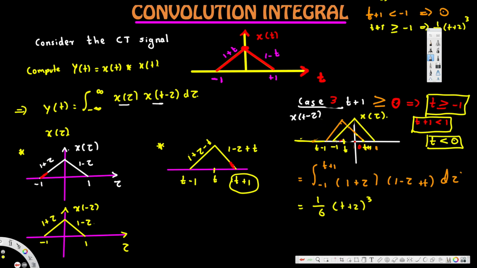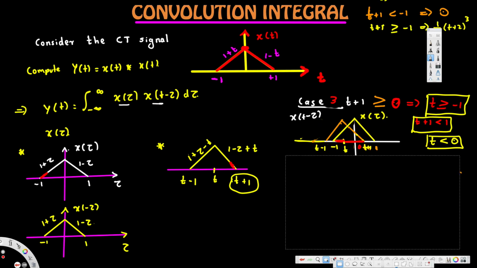From here to here we have non-zero for both. Here to here also non-zero for both. Here to here also non-zero for both. So these are 3 regions we have, so we are going to have 3 different integrals. Now let's get rid of this previous one and see what regions we are going to have.